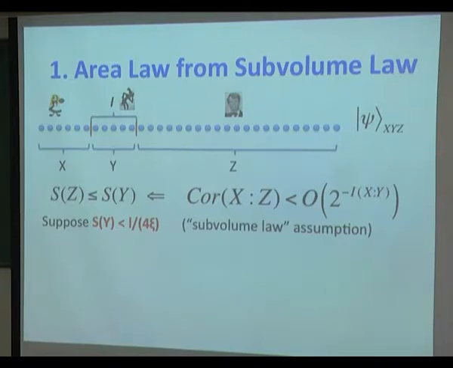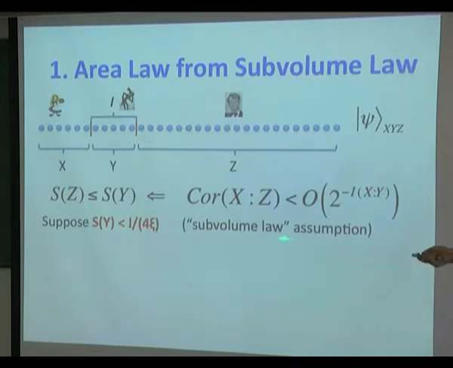What's the maximum value the entropy of Y could be? Here it's qubits, and Y has L qubits. Right, L. So the entropy of Y could be at most L. Here we're saying that it is a little bit smaller than L, like L divided by some constant.